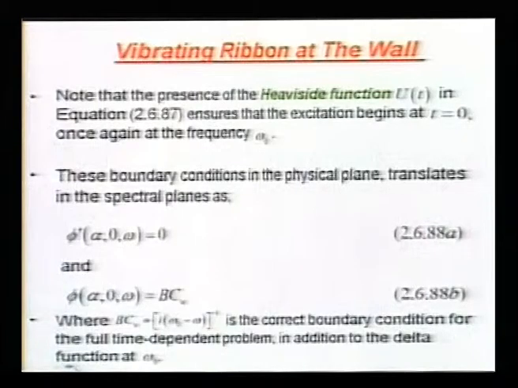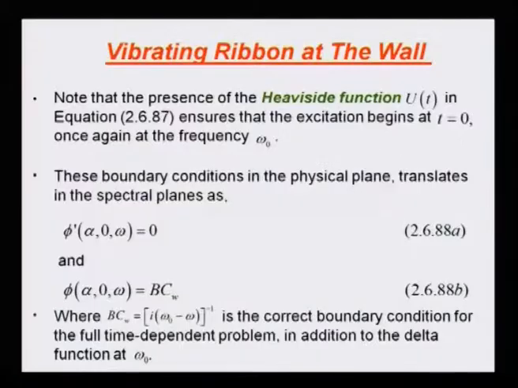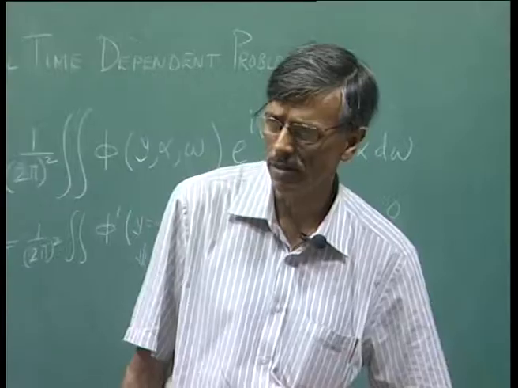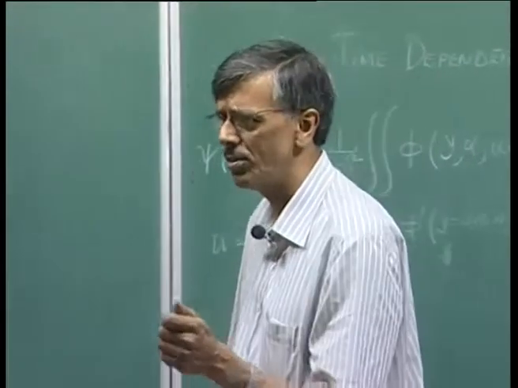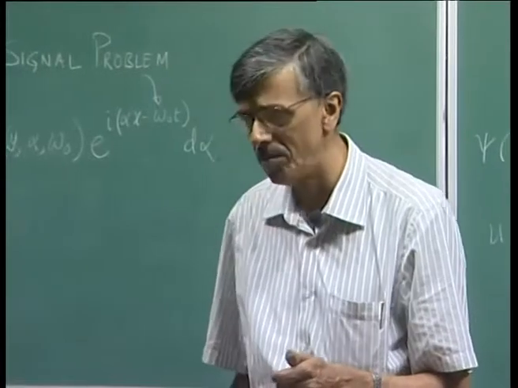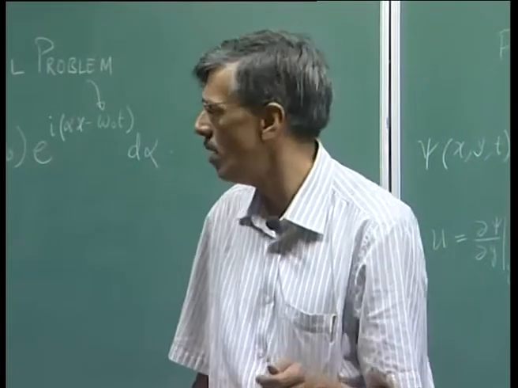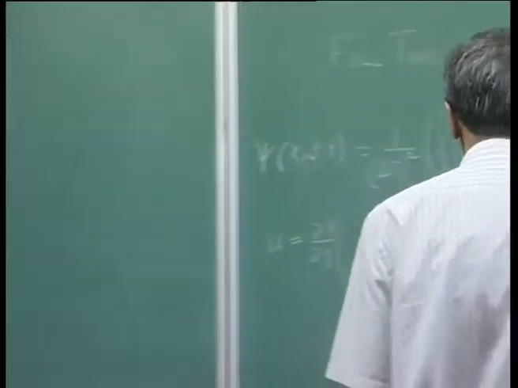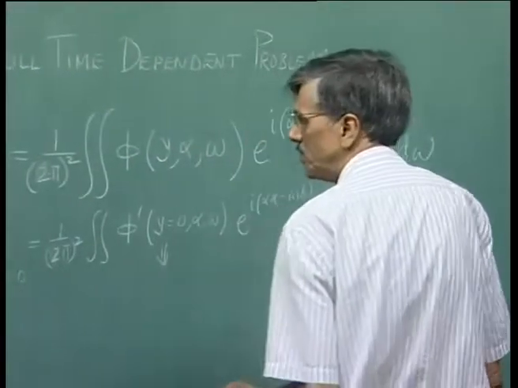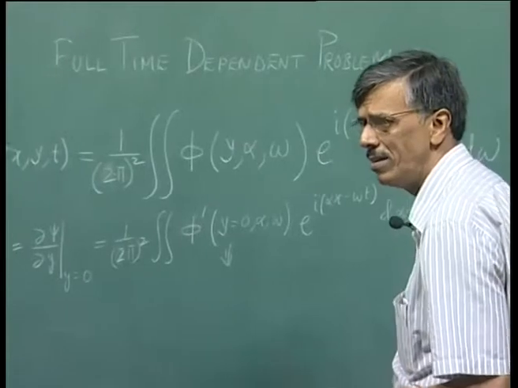Now, what about this condition? If you recall, we did that when we talked about the Fourier Laplace transform of harmonic excitation started at t equal to 0. We get 2 parts.